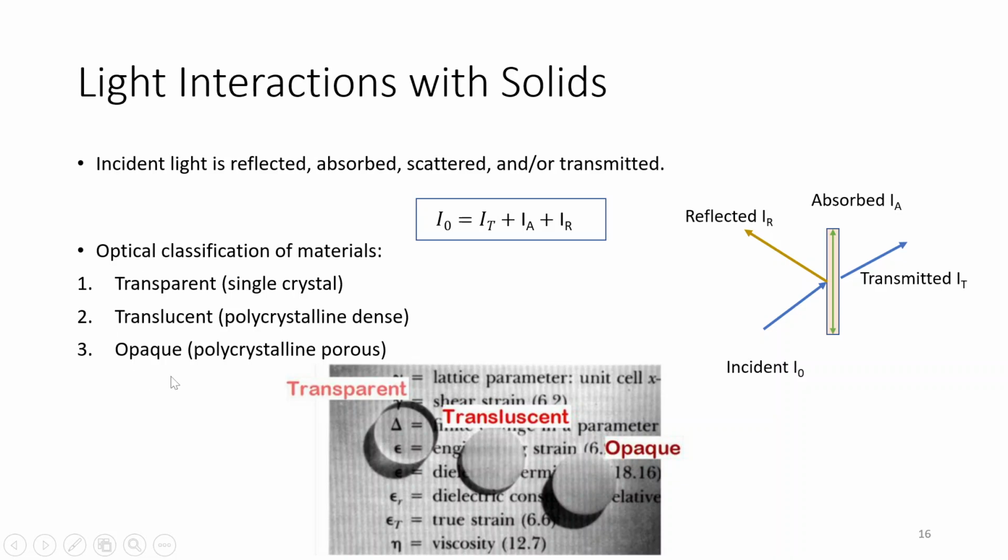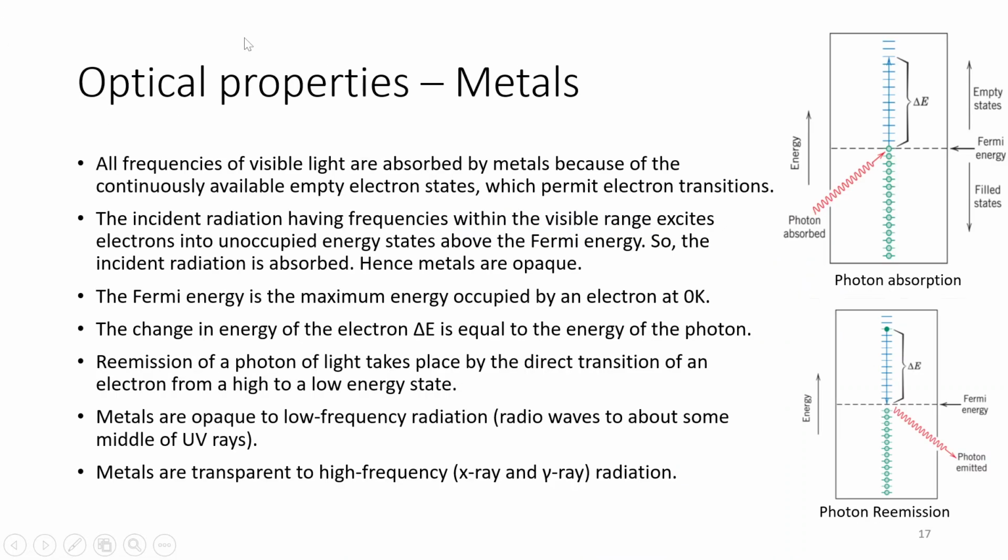So these are three types of optical classification of materials. They can be transparent, made of single crystals; translucent, polycrystalline dense materials; opaque, polycrystalline porous materials. Then optical properties.